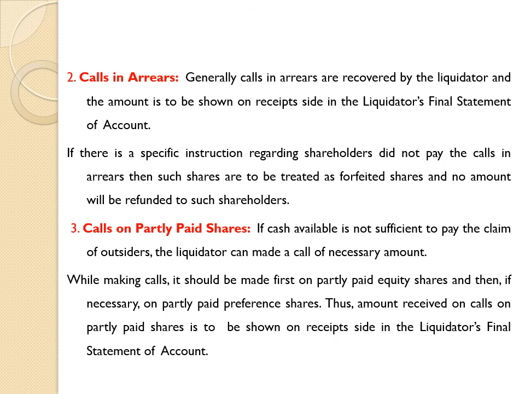Next, another note, calls on partly paid shares. If cash available is not sufficient to pay the claims of outsiders, the liquidator can make a call of the necessary amount.